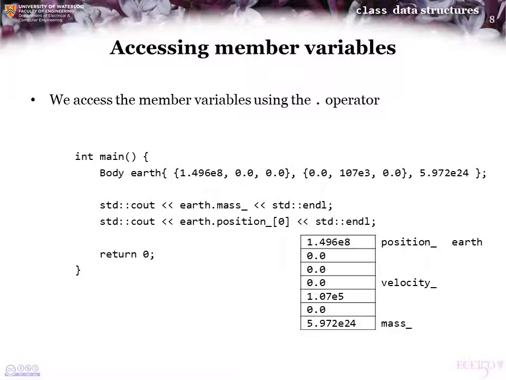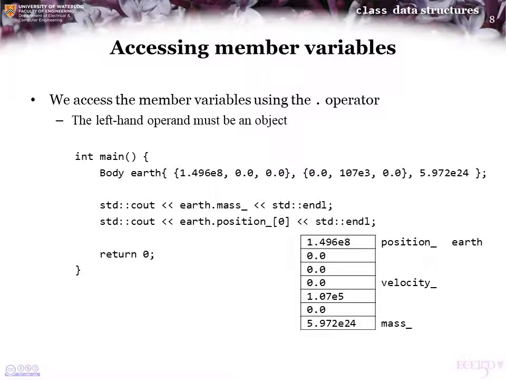Now, we have declared Earth to be an instance of a body, and we have initialized it with 7 doubles. The question is, how do we now access and manipulate these member variables inside this instance of body?